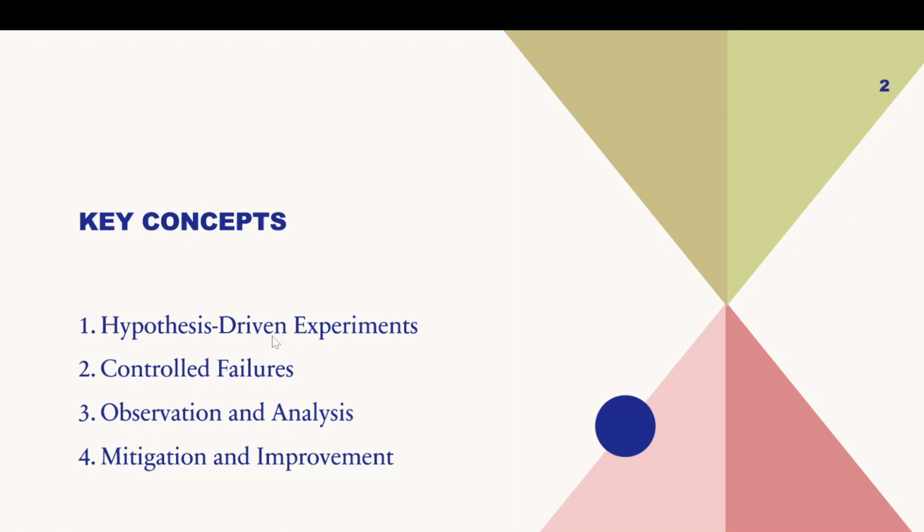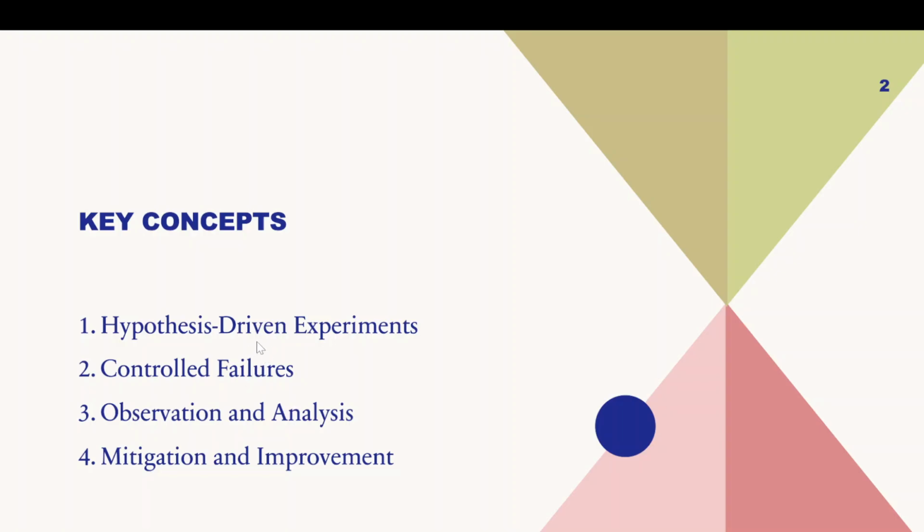Next comes the designed experiment. Under the hypothesis, experiments are designed to test these hypotheses in a controlled manner. They have control over these experiments, and these failures are controlled failures.